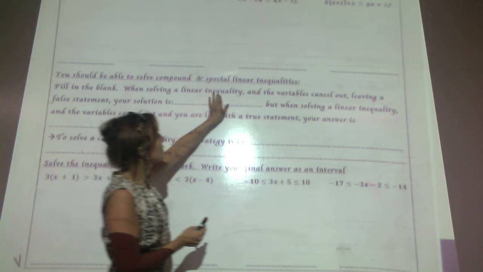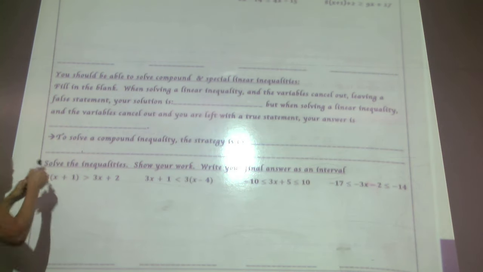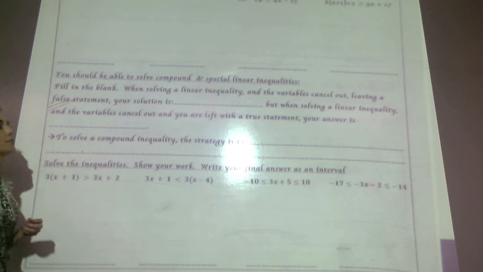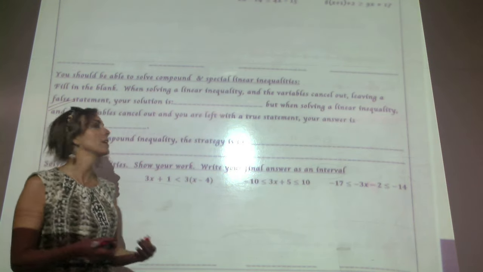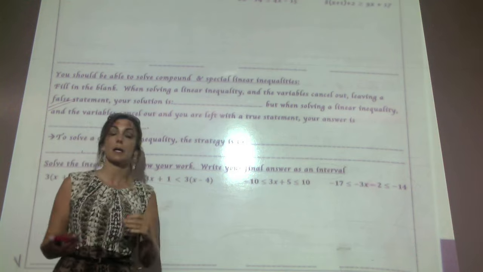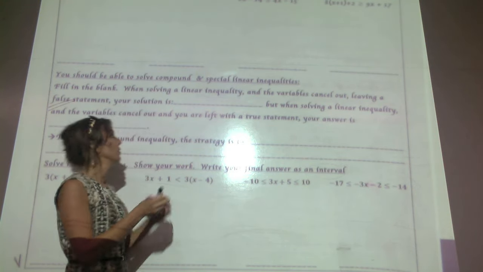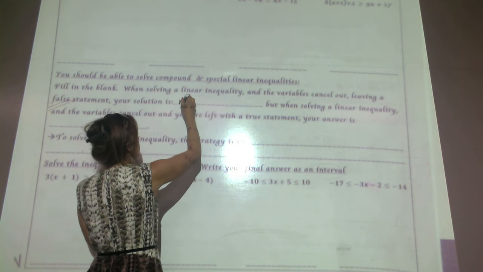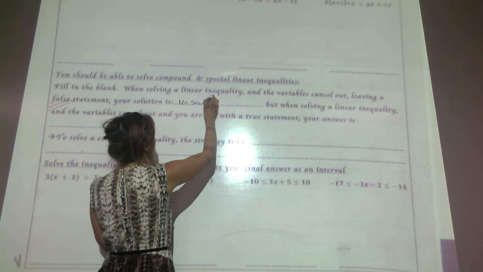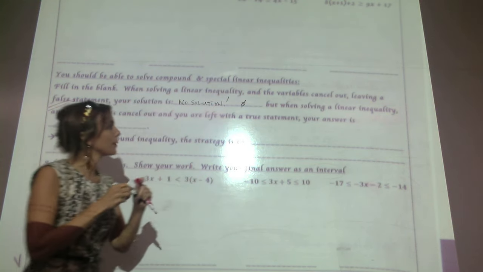When solving a linear inequality and the variables cancel out, leaving a false statement, like 2 is greater than 5, false, then the solution is no solution. There is nothing that will satisfy it, or the null symbol, right?